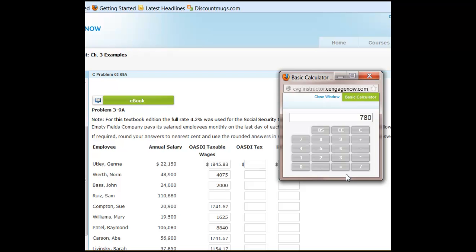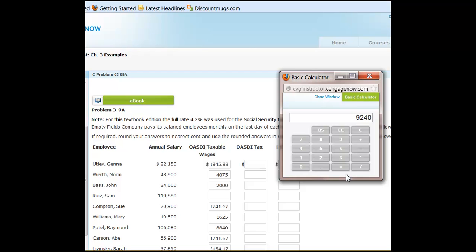Now we're going to figure out what his monthly salary is. So we take the $110,880 divided by 12. In every paycheck for the first 11 months, his taxable income was $9,240. But like we just determined, for his very last paycheck, $780 of it is not subject to taxes, at least to Social Security tax.